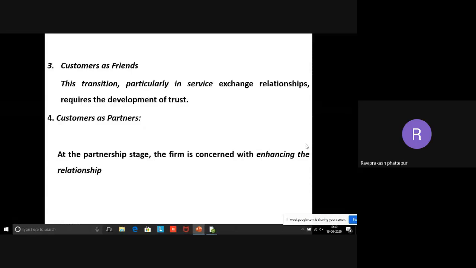In the beginning, he was a stranger. Next, after knowing that this particular company exists and availing a particular service, that customer becomes an acquaintance. After multiple transactions, we move to the next stage where we come to know as a company what he needs or what he likes in that particular service.